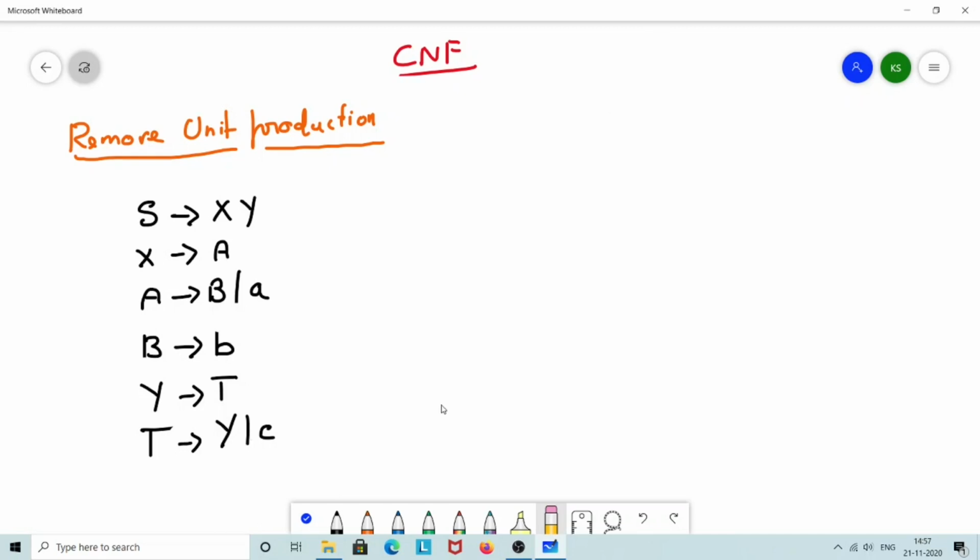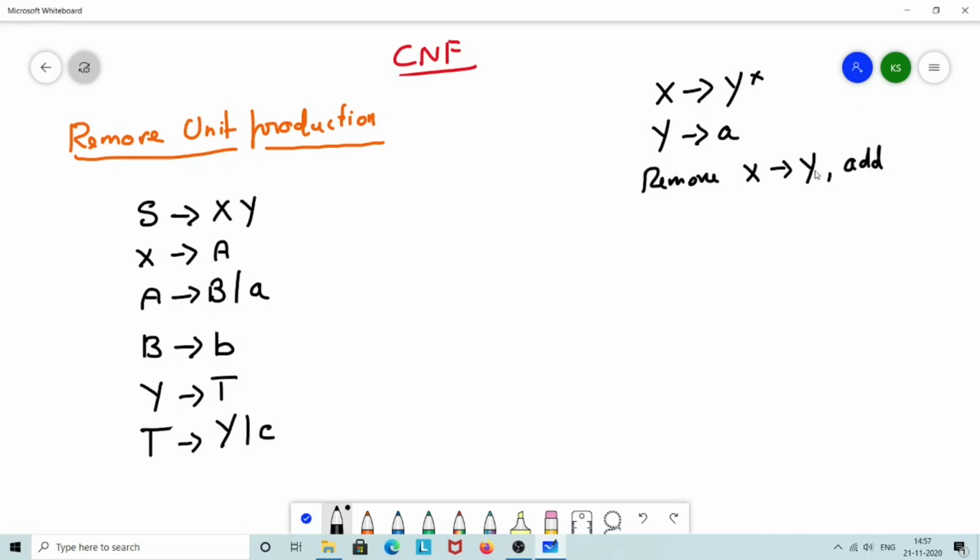We'll consider a small scenario before solving this particular problem. If I have a rule something like X gives Y, and Y gives maybe a. So this is a unit production that needs to be eliminated. This is not valid, so I need to remove it. If I remove this, then I have to add something, right? I will remove X gives Y, then I will add a new rule.